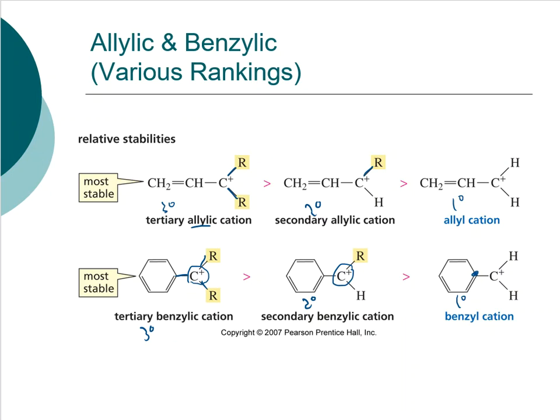Again, all of this is made possible by delocalization. And the reason is because electrons can move toward a positive charge. And this can start to rearrange the molecule. Delocalization begins to happen, and delocalization begins to stabilize the molecules when they form. On the benzylic side of the house, well, look at this. Double bond can move toward a double bond. Double bond can move toward a double bond. Double bond can move toward a carbocation.